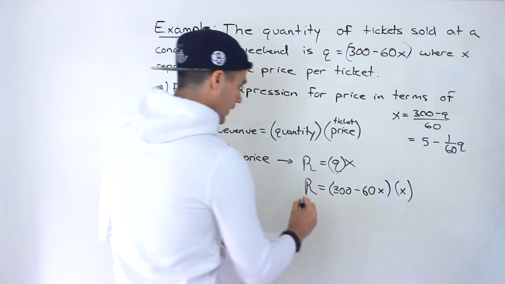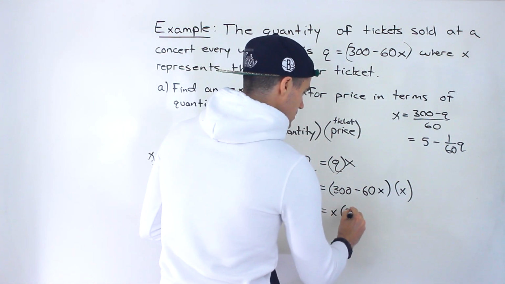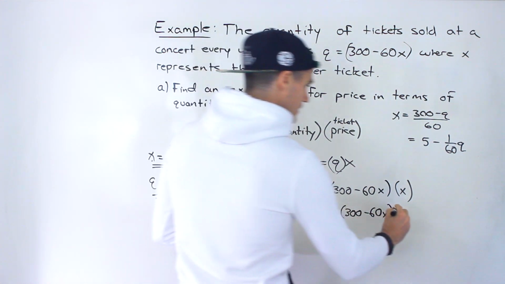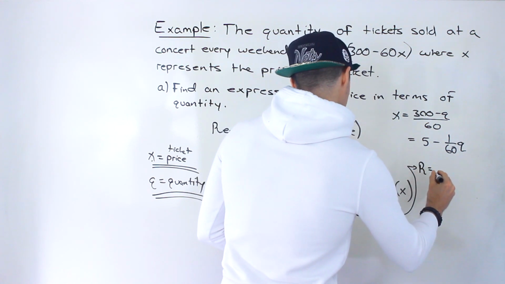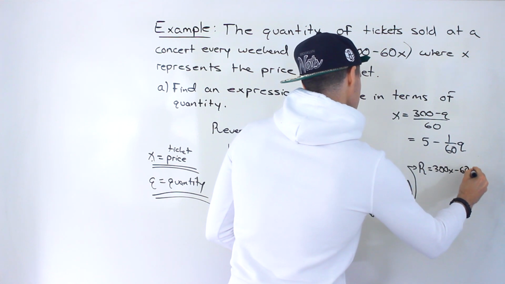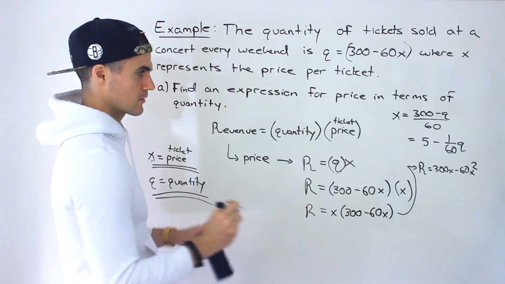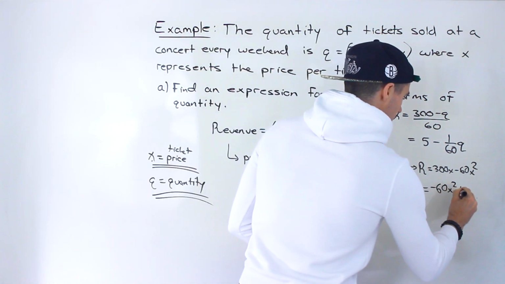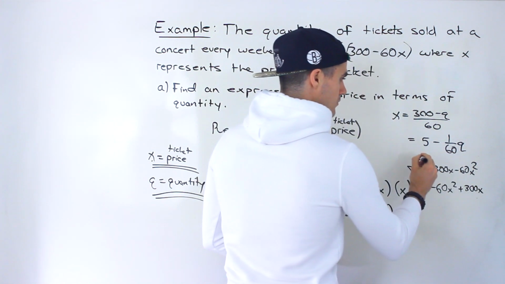And so from here, they want an expanded expression. So the X, let's actually bring in front. And then when we expand it, we would end up with 300x minus 60x squared, like that. Or if you want to put the x squared first, either of those are the same thing.